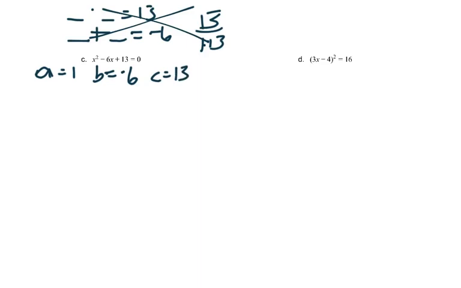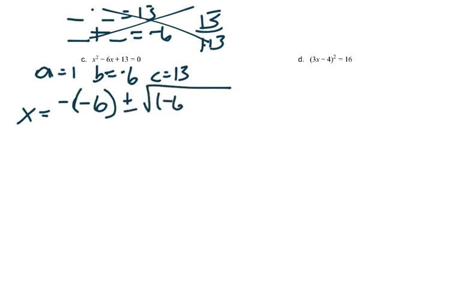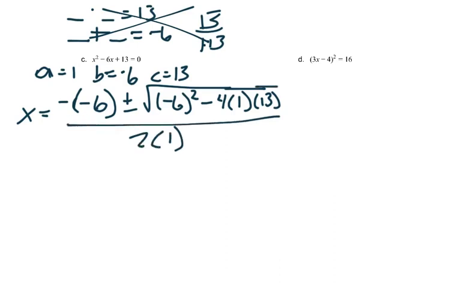It already equals 0, so that's why I can just read that. So the quadratic formula says the opposite of B, so that B would be negative 6, plus or minus the square root of B again, squared, minus 4 times A, which is 1, and C, which is 13, all over 2 times A, which is 1.